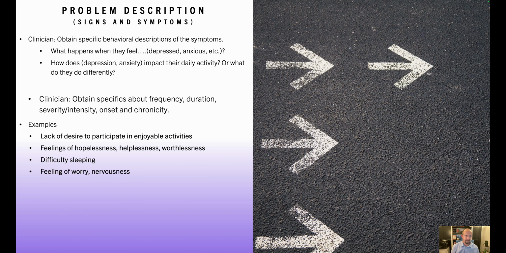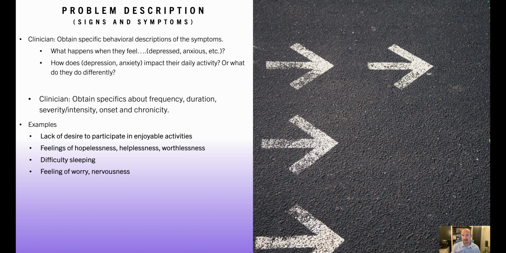So for example, if you were to ask what happens when you feel depressed or how does depression impact their daily life, they might say something like they lack a desire to participate in enjoyable activities. They have feelings of hopelessness, helplessness, worthlessness, difficulty sleeping, feeling of worry, nervousness. All of these things you'll want to write down or jot down as their description of the problem.